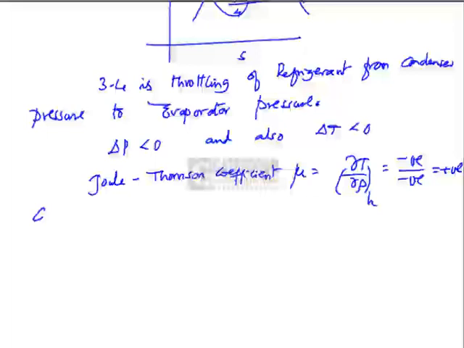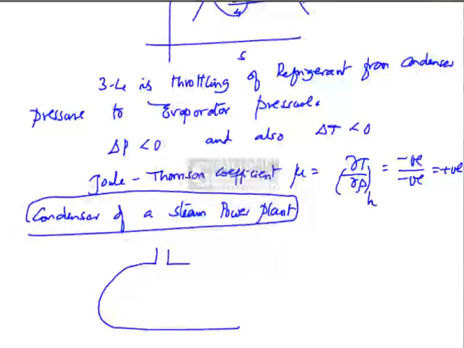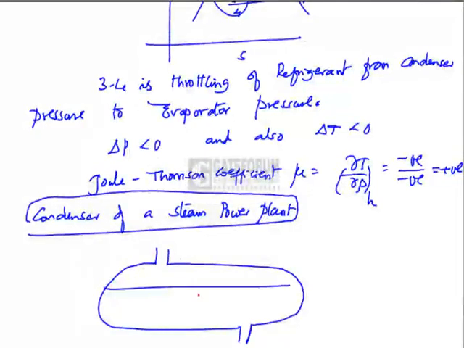Considering the next example as the condenser of a steam power plant or thermal power plant, which is a shell and tube heat exchanger.